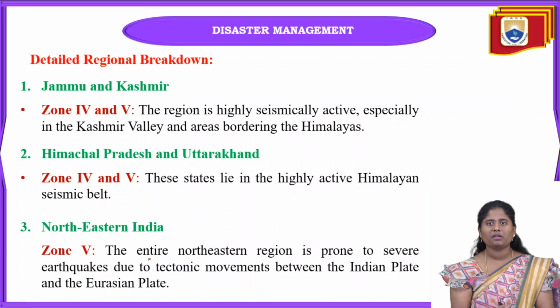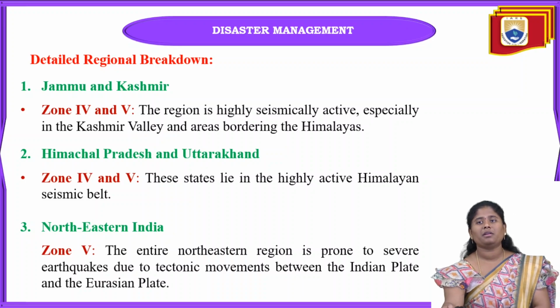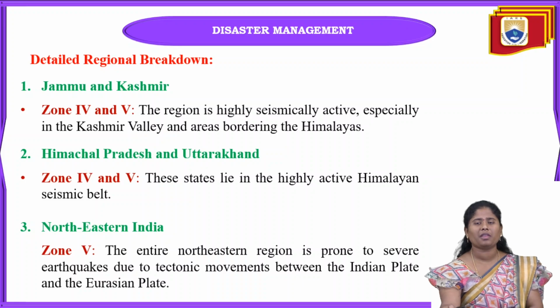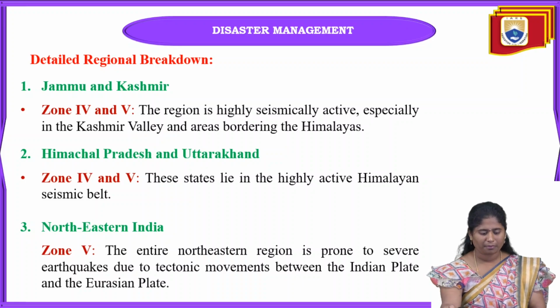Next one is northeastern India. This comes only in the zone 5 area, means automatically this is prone to severe earthquakes here. Means why? Because here tectonic movements can be seen between the Indian plate and the Eurasian plate, and from this one only you can easily predict that these are zone 5 areas.